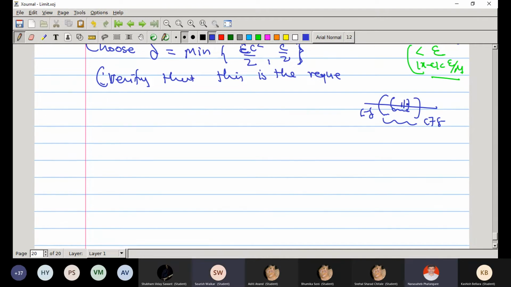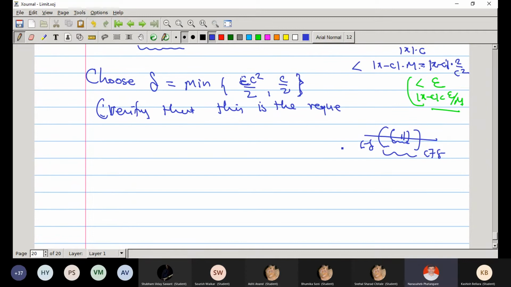So if something is true for some neighborhood, it is certainly true for a smaller one. Therefore if something is true for C by 2, certainly it is true for C by 3, because C by 3 gives a smaller neighborhood. So that is the main reason. Therefore delta is not unique. Remember this, like in sequences, the K which we produced was not unique.